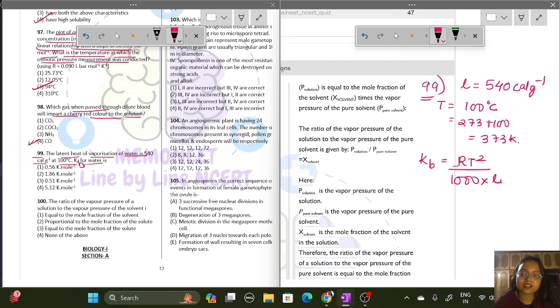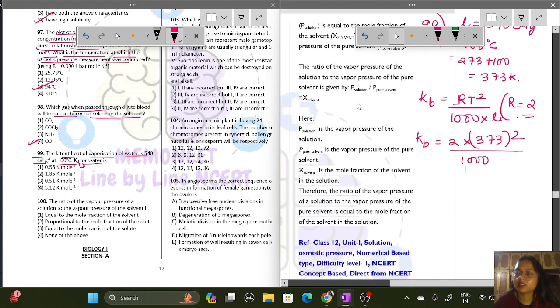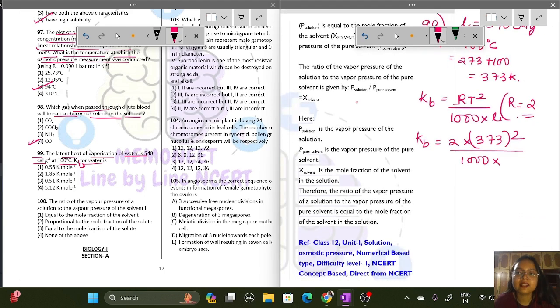R is the gas constant here. For calorie, R will be 2. Then Kb is equal to 2 into 373 whole square, divided by 1000 into L. L is given as 540.